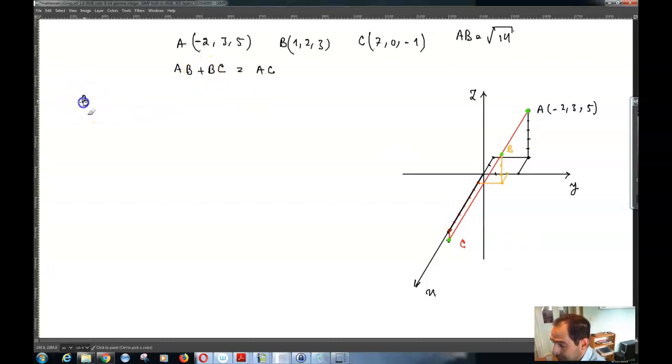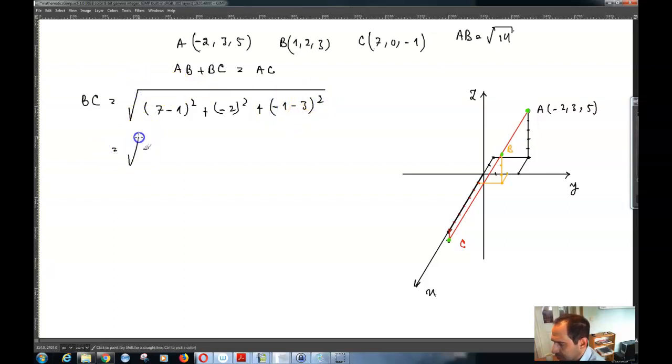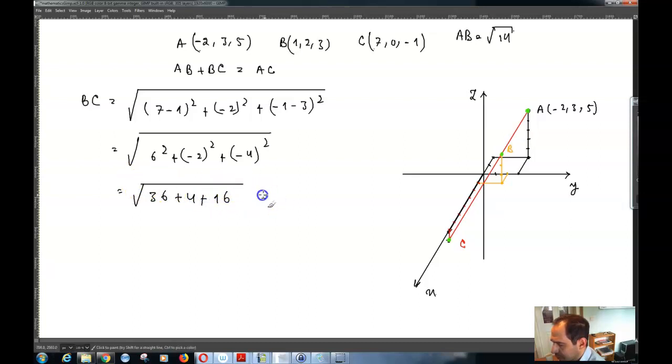Next, BC, the distance between these 2 points, is the square root of (7 minus 1) whole squared plus (-2) whole squared plus (-1 minus 3) whole squared, which is equal to the square root of 6 squared plus (-2) squared plus (-4) squared, which is the square root of 36 plus 4 plus 16, which is the square root of 56.